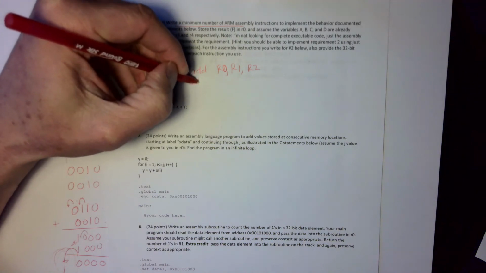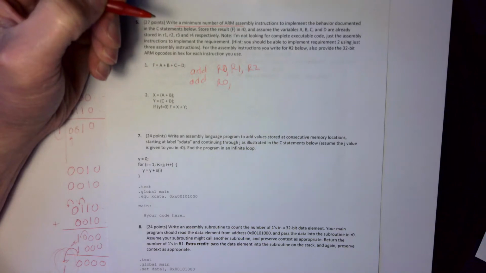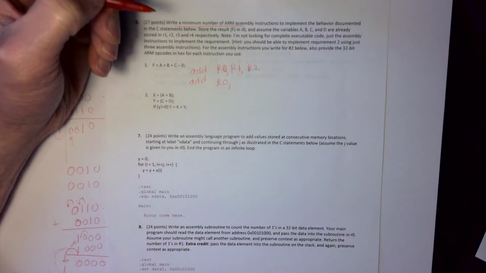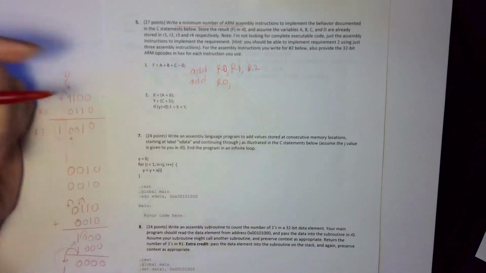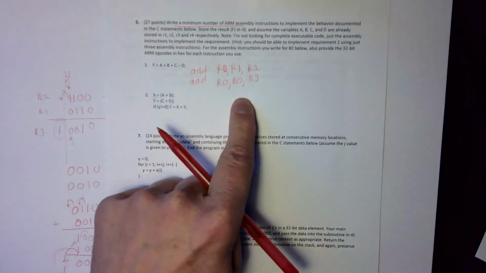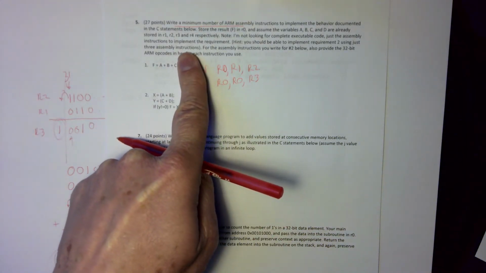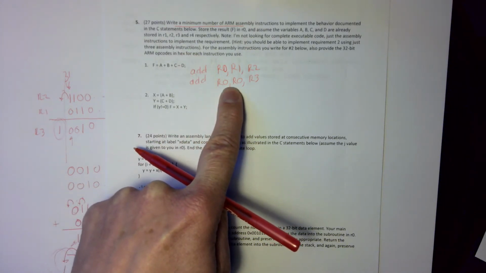Then into that accumulating total of R0, I'm going to add the next operand, which is R3. So I'm going to add R0 and R3. At the end of those 2 instructions, I've added the first 3 operands, and now the sum is in R0.